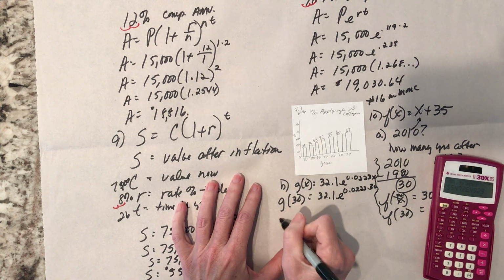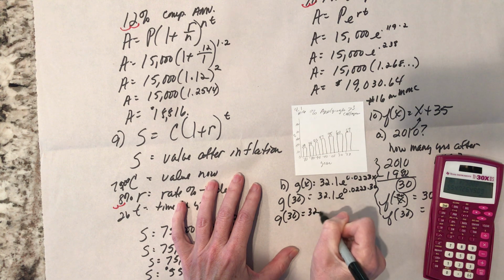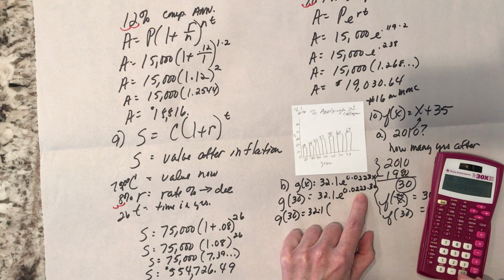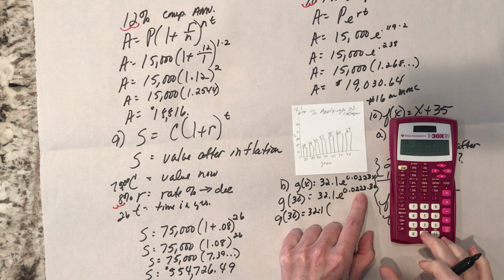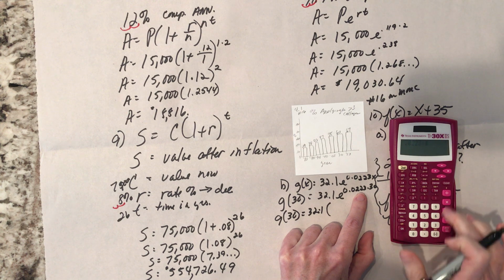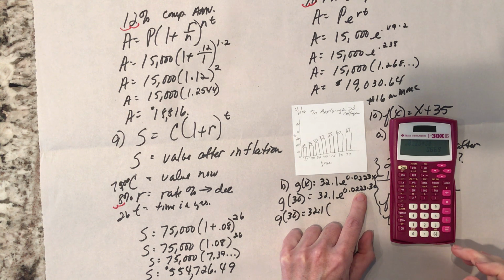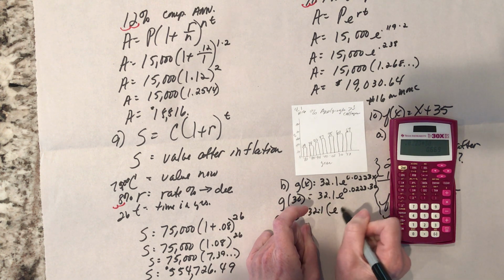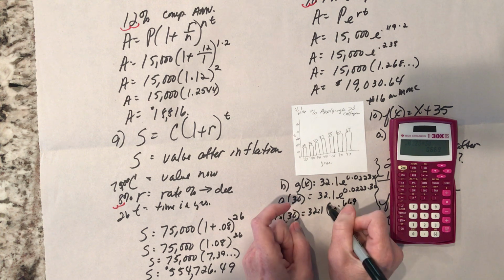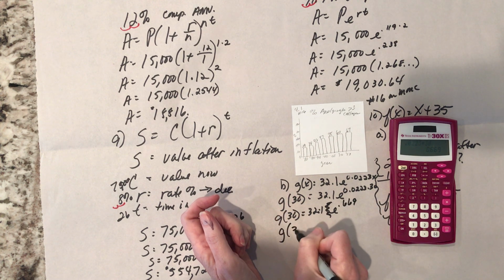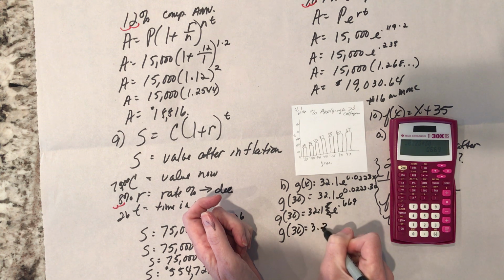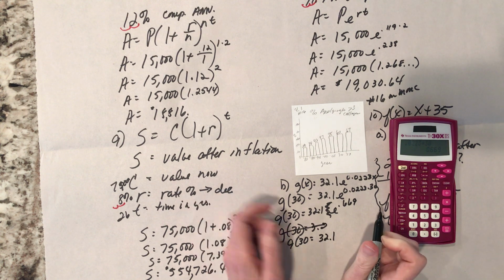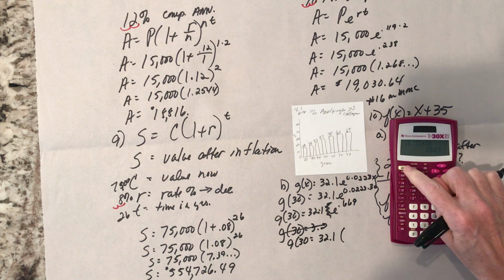I'm going to tackle it the same way I tackled the others. 32.1 times this. Let's first get this number. 0.0223 times 30 equals 0.669. So I'm raising e to the 0.669. 32.1 times e to the 0.669.